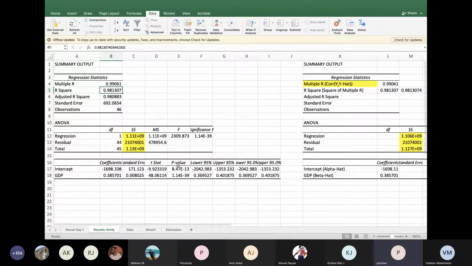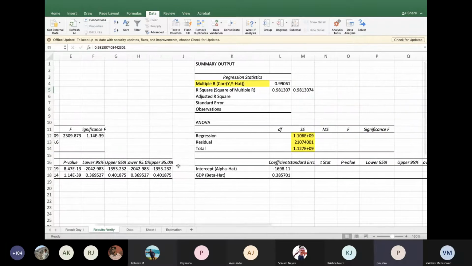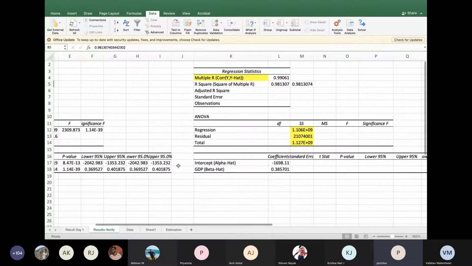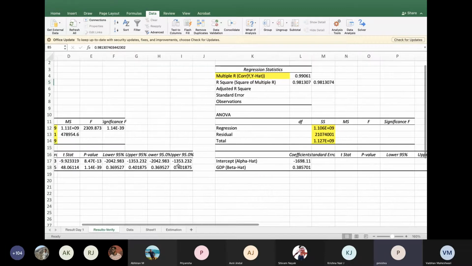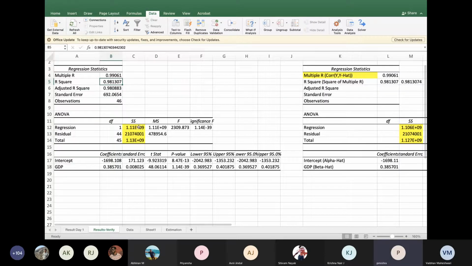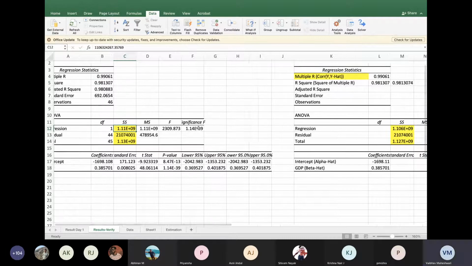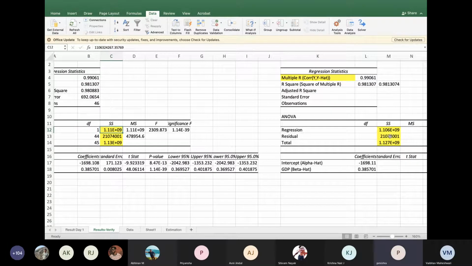Once we complete the testing of hypothesis part, you will see this entire result sheet will be filled in manually the way we have done a part of it, because that will actually help you to understand the process.